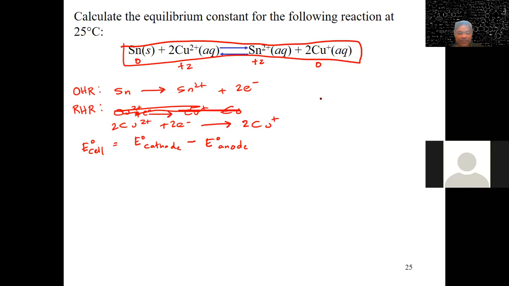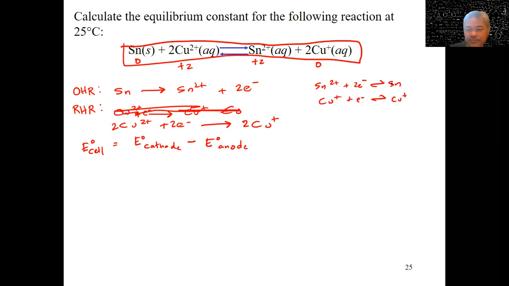So that means we need the reduction potential table to see what's the reduction potential of this, and what's the reduction potential of this. So I can always list that for you. So make sure maybe in your quiz for this module, you have a reduction potential table.